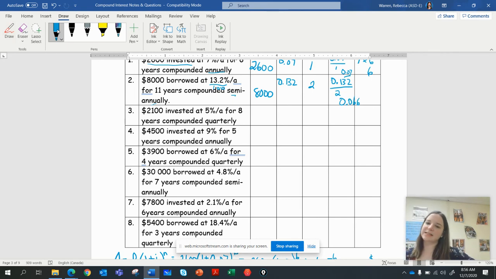Okay, 0.066. And then the next one, we take our compounding period, number 2, and then times it by the amount of years. So in this case, 11 years. So it gives us 22. Plug it into the formula.